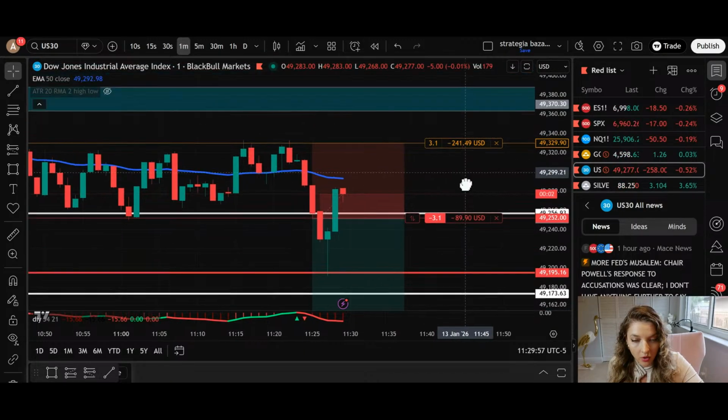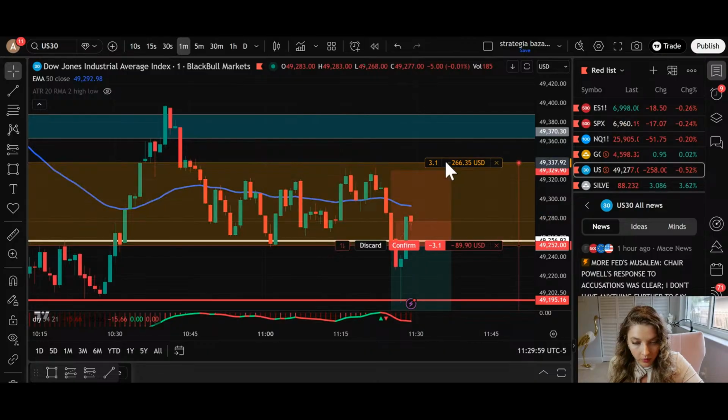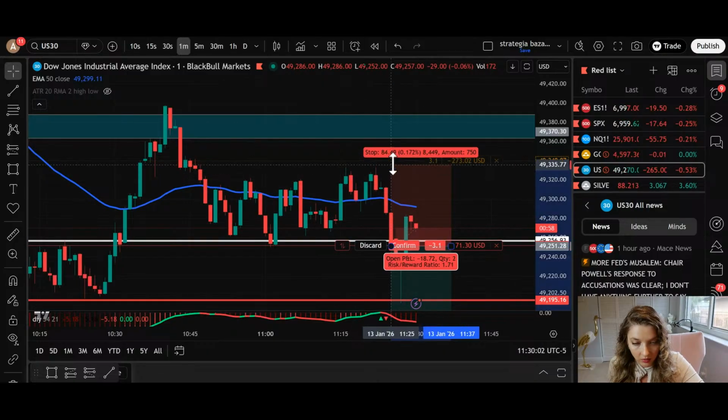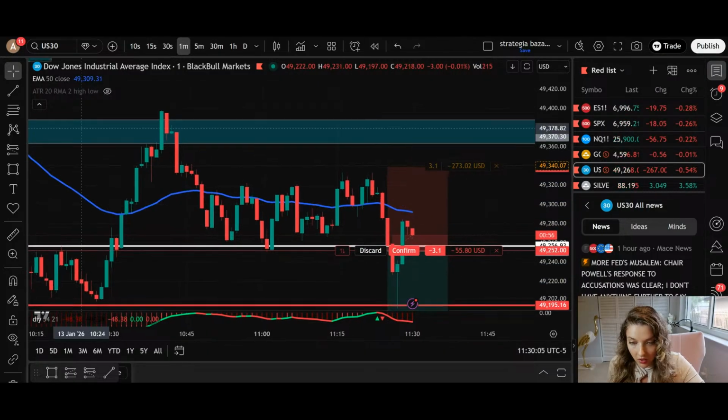My stop loss is just above this, let me put it here, this area, the consolidation area.